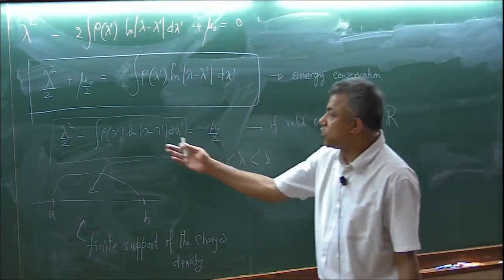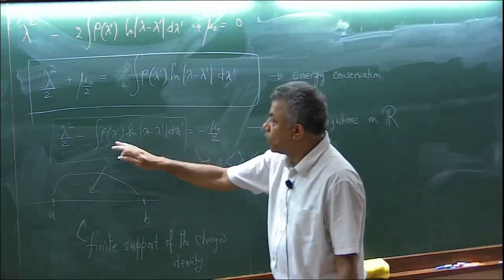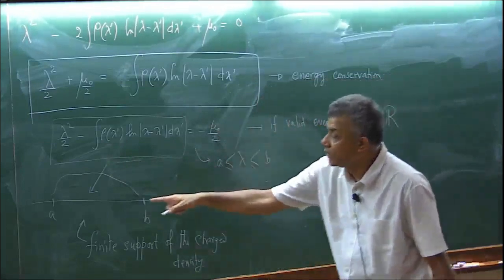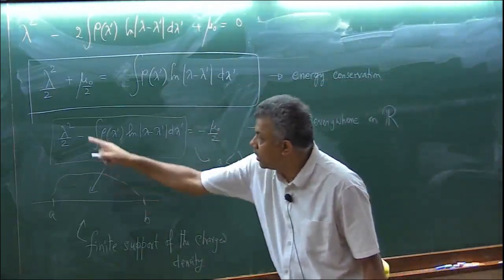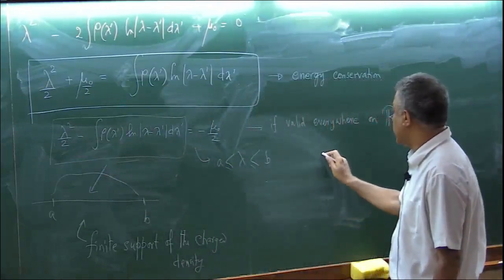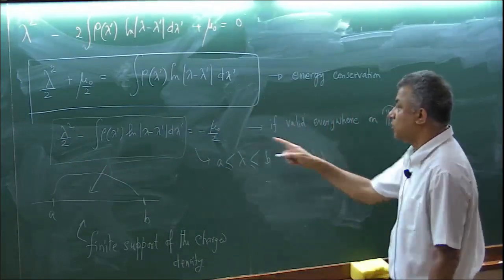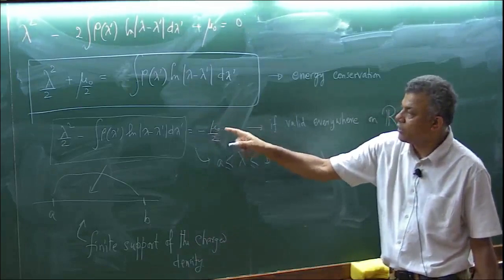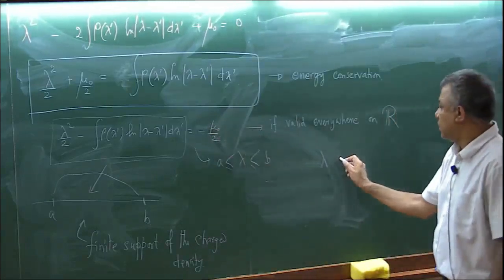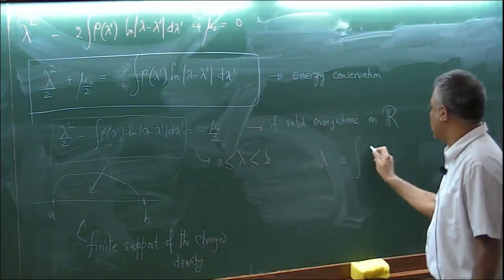Now we have to solve this equation. You can take one more derivative of this equation with respect to lambda inside this support. I take any point where this equation is valid. The reason I'm taking the derivative is that I want to get rid of this mu naught.